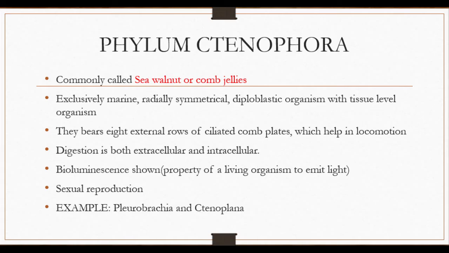Digestion takes place extracellularly or intracellularly. Bioluminescence, that is the property of any living organism to emit light, is shown by the ctenophores. They have sexual reproduction, and examples of this phylum are Pleurobrachia and Ctenoplana.